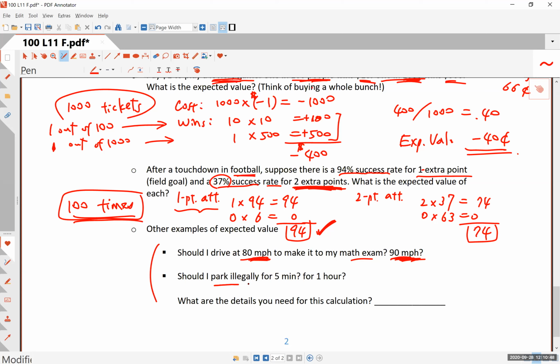Should I park illegally? Let's say you find a place to park, but it's designated for those with a disability plate, and you don't have a disabled license plate. Can I park in the disabled parking space for 5 minutes if you absolutely have to?